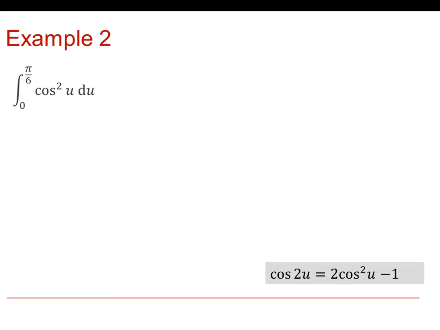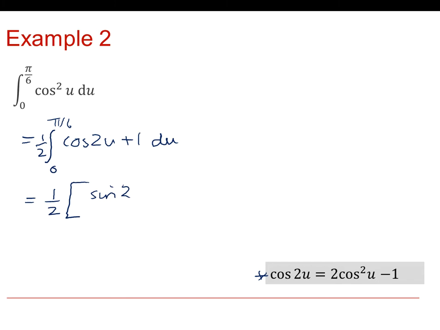You may already know that cos squared u is not that easy to integrate, but luckily I have a double angle formula that I can use. And so I will substitute the cos squared u using that double angle formula as being a half of cos 2u plus 1. This I can integrate quite easily using a standard result.